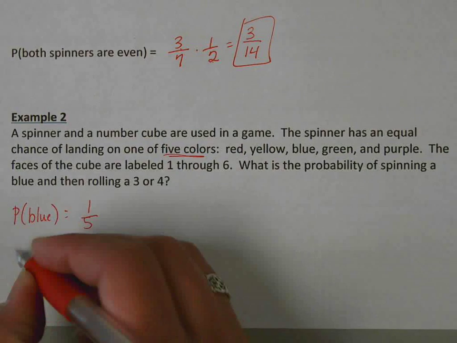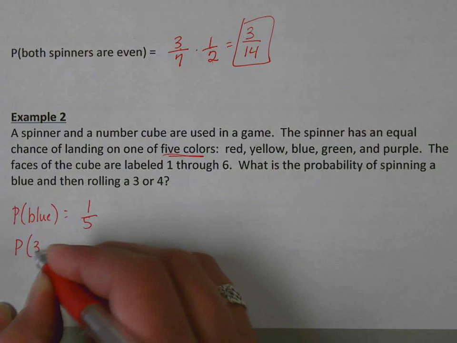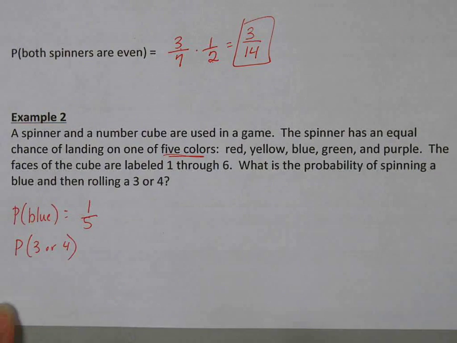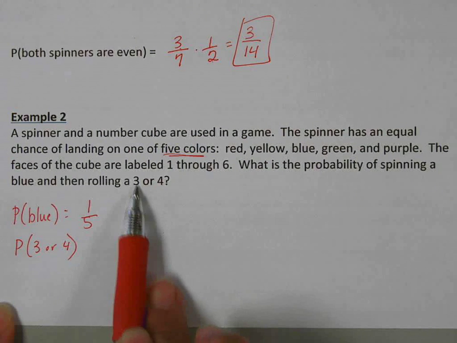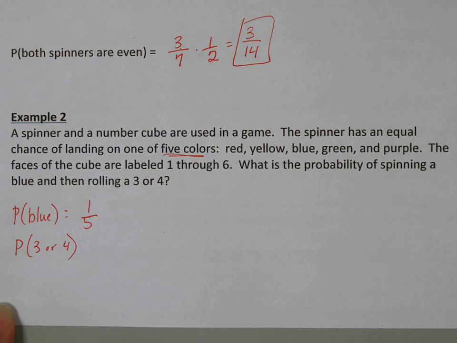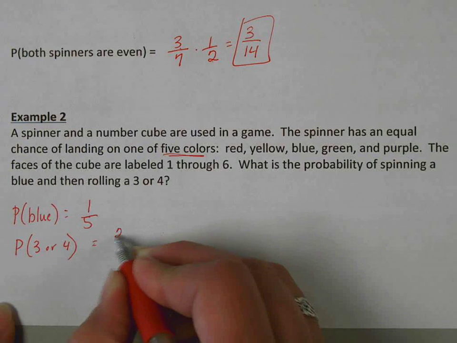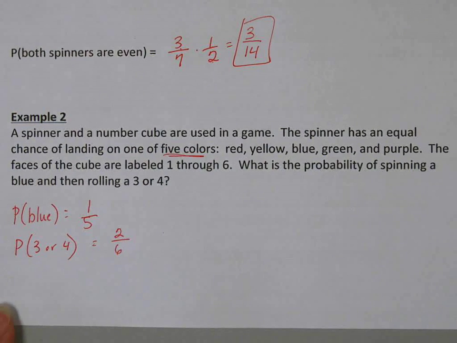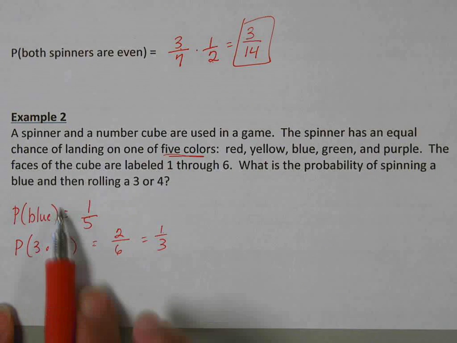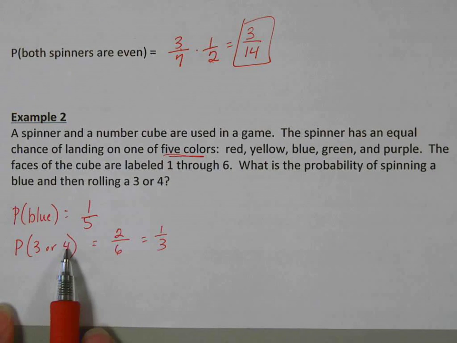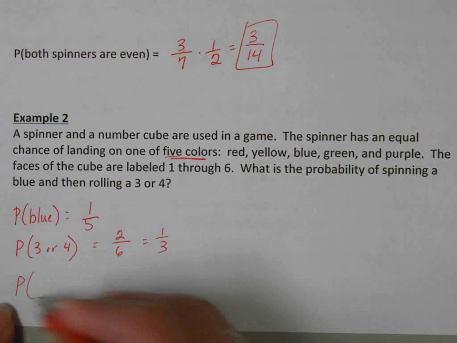Then I want to do the probability of 3 or 4. So I have a number cube, 1 through 6. I have a 3 and a 4, so that's a total of 2 options out of 6, which would be 1/3. So I've done the probabilities of the events separately, and now I want to combine these.